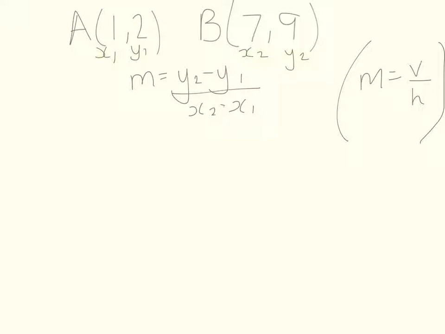So what we've got now is we've got our terms. We're just going to put these values into our formula. So y2 is 9, so we're doing 9 take away y1, which is 2, and then x2 is 7 take away 1. And then I'm going to simplify, I'm going to have 7/6. So the gradient of this line is 7/6.